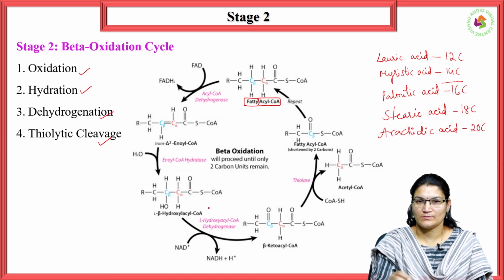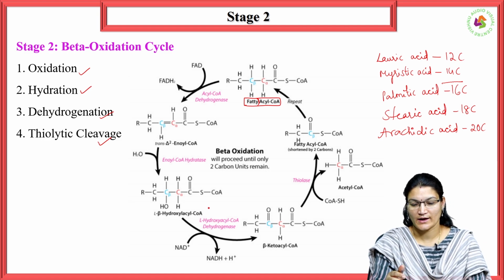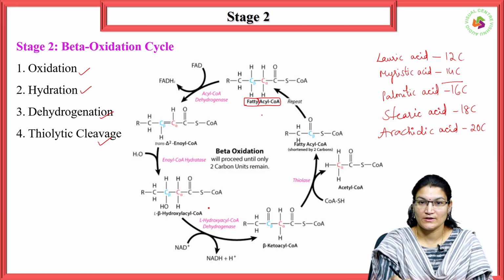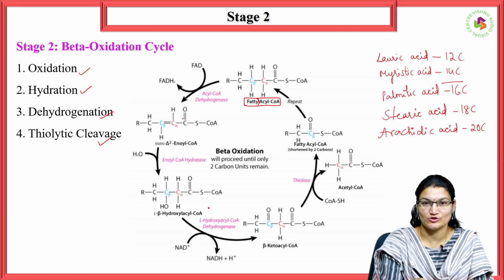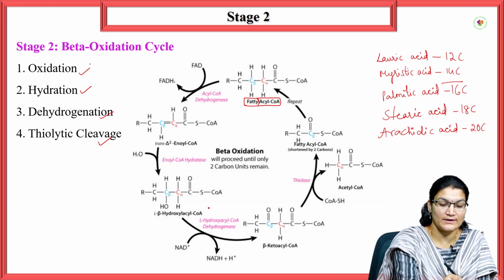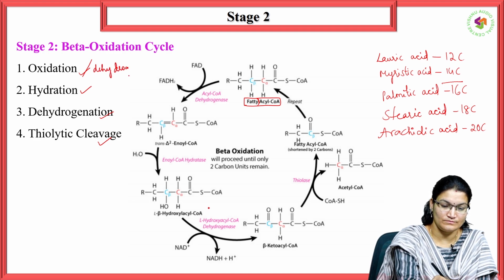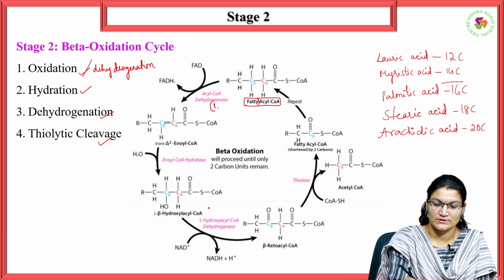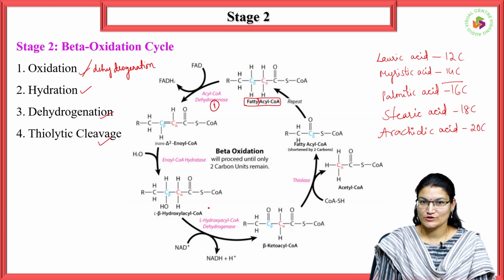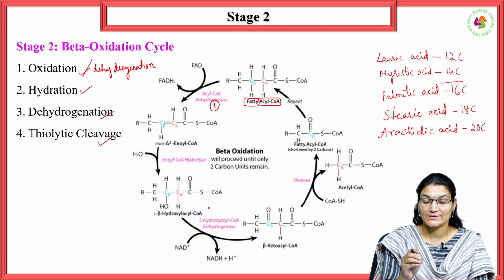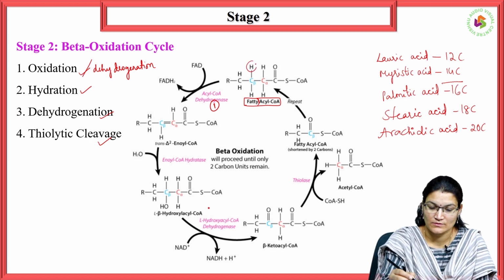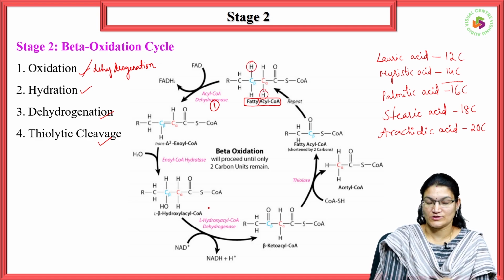Let us consider it briefly; I will give the outline. Fatty acyl coenzyme A in the first step undergoes dehydrogenation. You can also call it oxidation or dehydrogenation. This is the removal of hydrogens at the beta position and the alpha position as well.